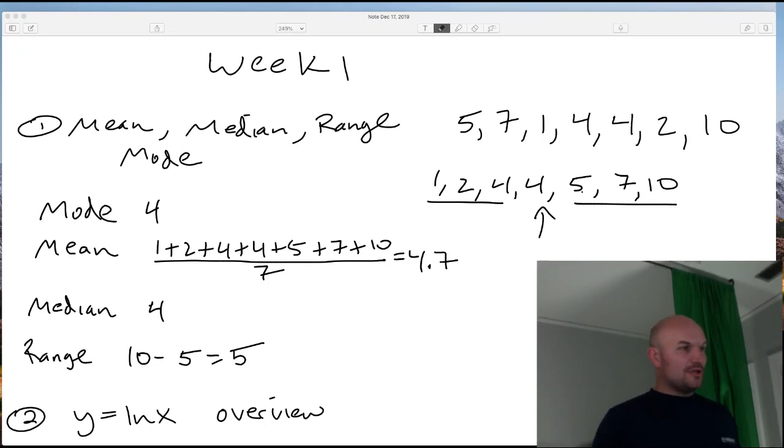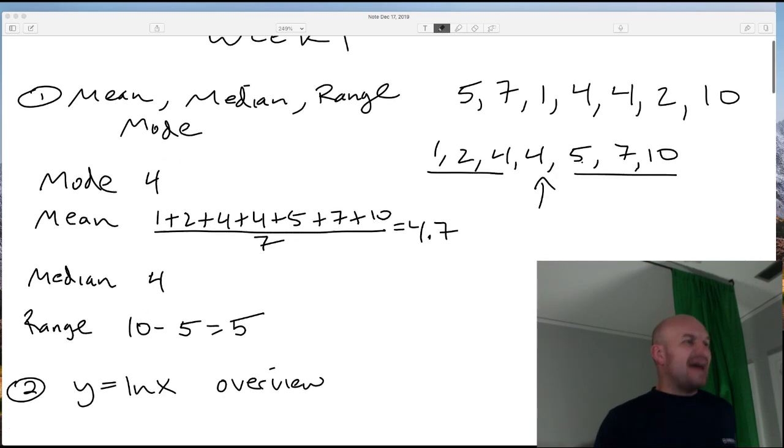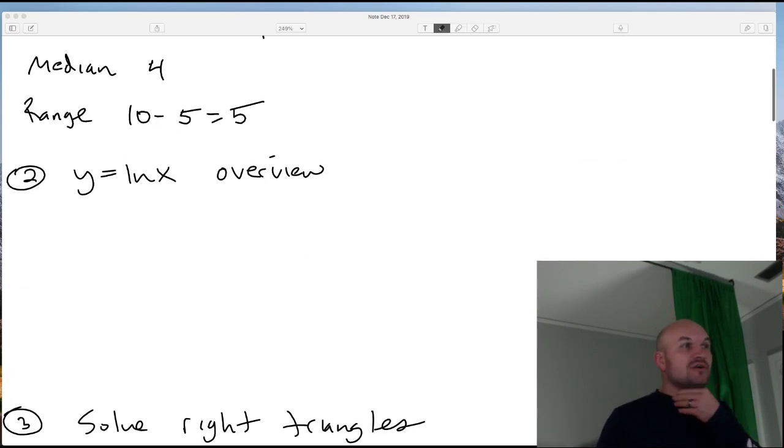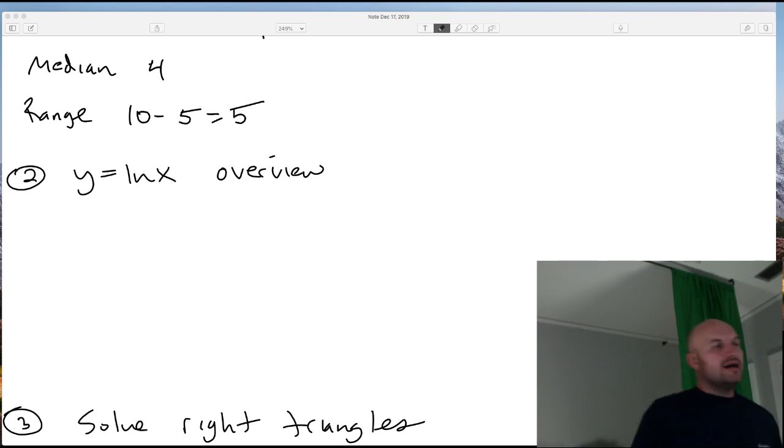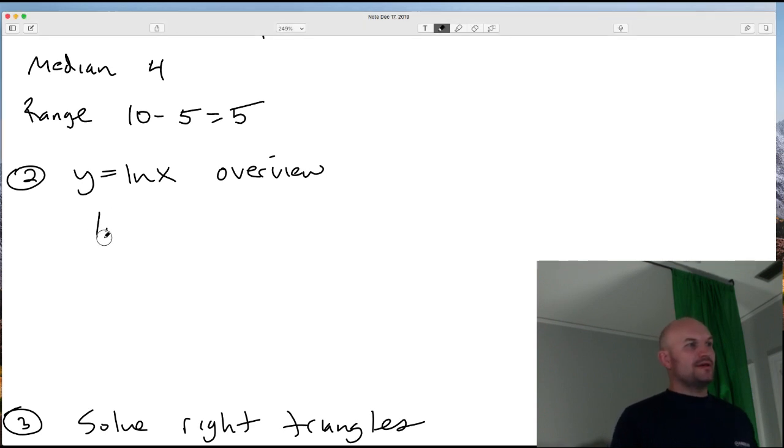So natural logarithm, y equals ln of x, overview. I'm not really sure what an overview means. I spent a whole class period talking about this, so I'm not sure what justice I can really do with this. The only thing I can really say is, we use the natural logarithms when we have log base 10, right?